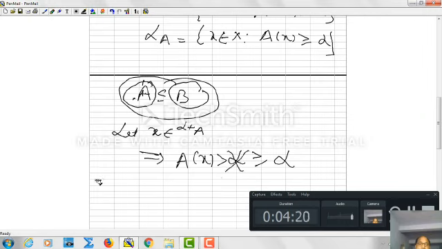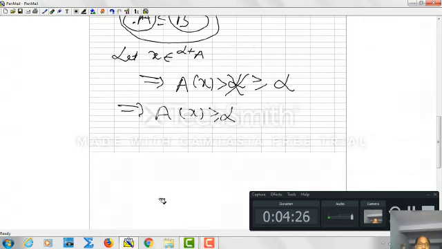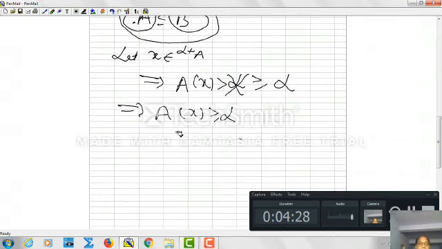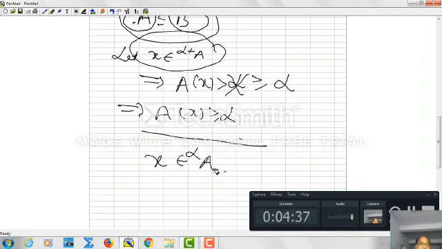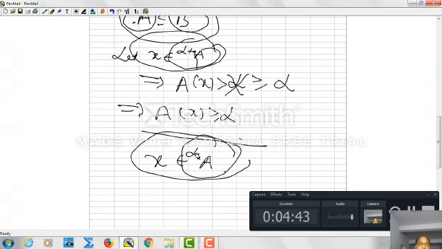Now we neglect this, so we can write A(x) is greater than or equal to alpha. And so by the definition, x belongs to the alpha cut of A. So we took the element from here and have proved it is here. It means this set is a subset of this one. So this implies the strong alpha cut of A is a subset of the alpha cut of A.